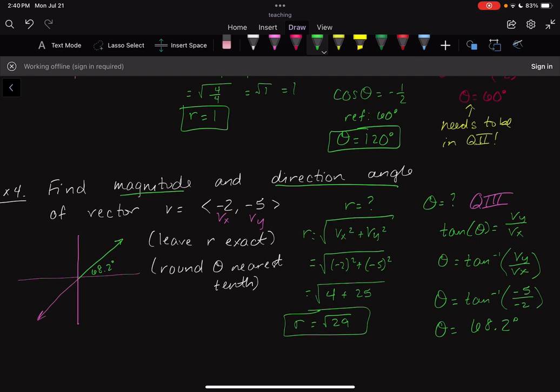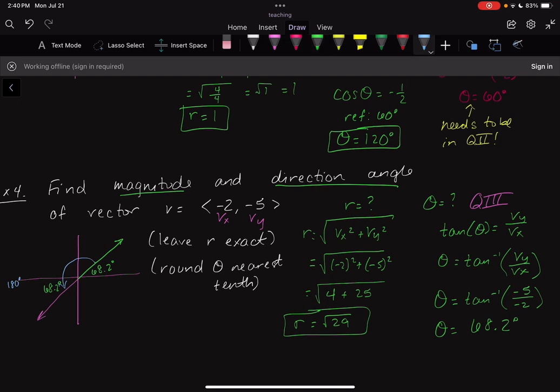Well, if I just want the exact opposite side to that, I can just add 180. Also, you can think of it this way, since this x-axis is 180, I'm almost treating it like a reference angle. And I'm saying, okay, what has the reference of 68.2, meaning it's that far from the x-axis, but it's after 180, so add it to 180.